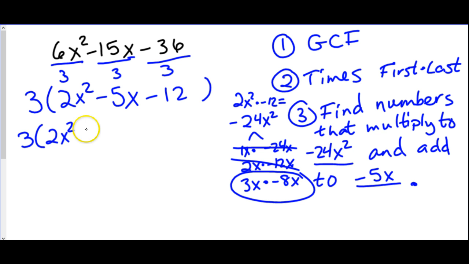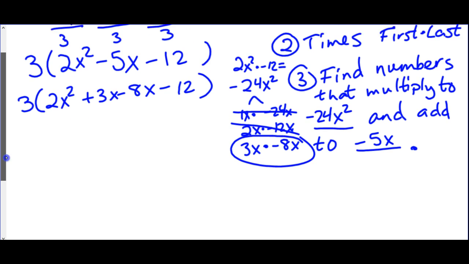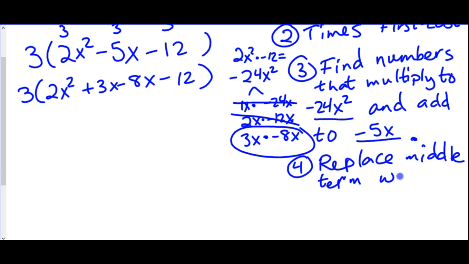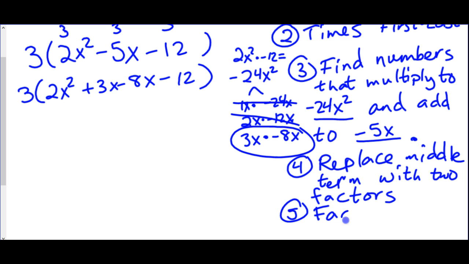So now we're going to write them in place of the 5. So now we're going to replace the middle term with the 2 factors we found. And now we need to factor by grouping.